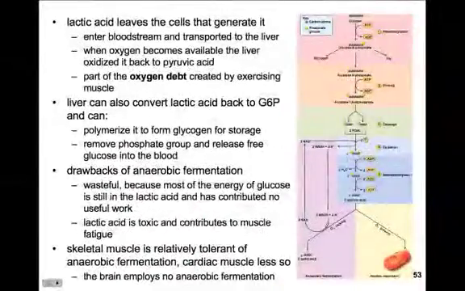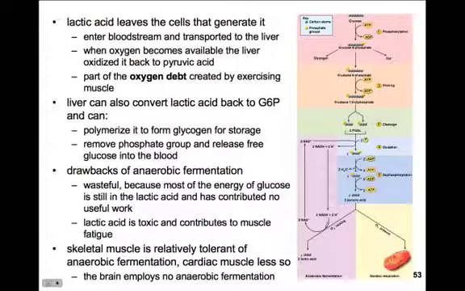However, you understand already that we can't continue to build up lactic acid indefinitely. To start with, the lactic acid can leave the cells that generate it. It'll enter the bloodstream and it'll get transported to the liver. And at the liver, when oxygen becomes available, that'll be oxidized back to pyruvic acid and it can be returned to the pathway of aerobic respiration.